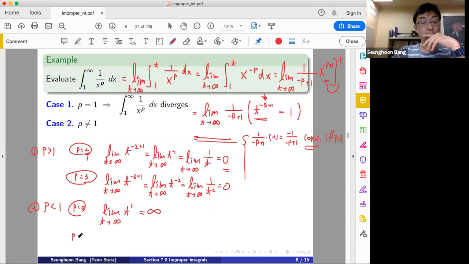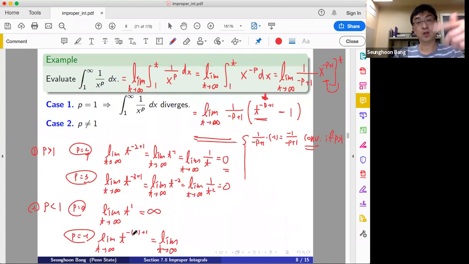How about p equals minus 1, which is less than 1? We can plug minus 1 into p and take the limit as t approaches infinity of t to the negative of negative 1, plus 1. Minus 1 times minus 1 is a positive 1, and 1 plus 1 is 2, so exactly t squared.